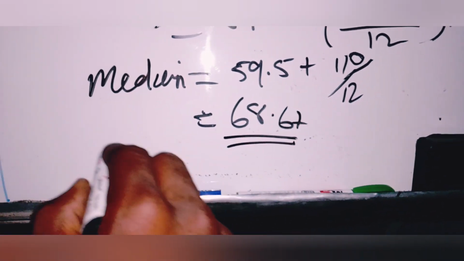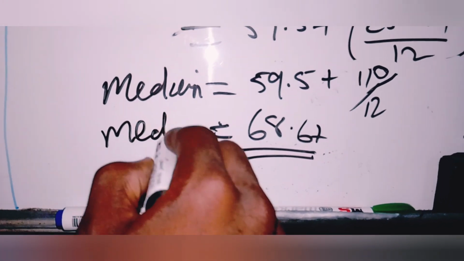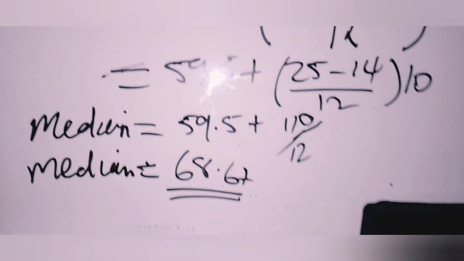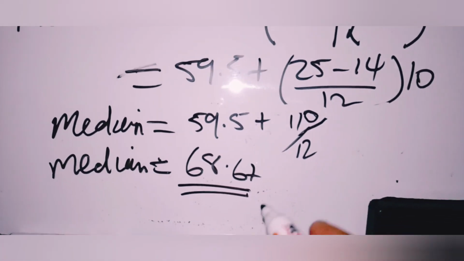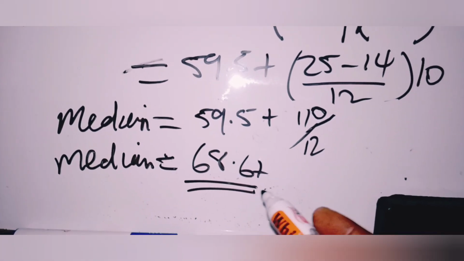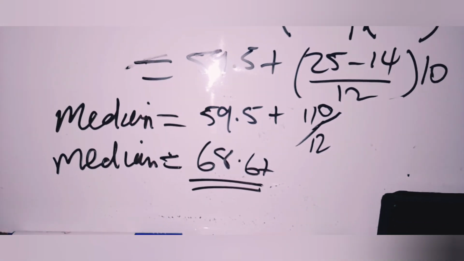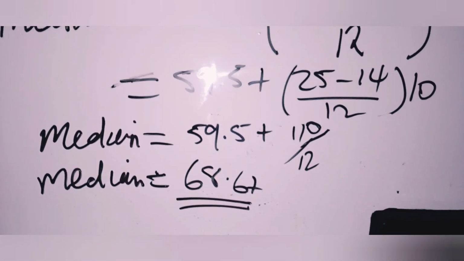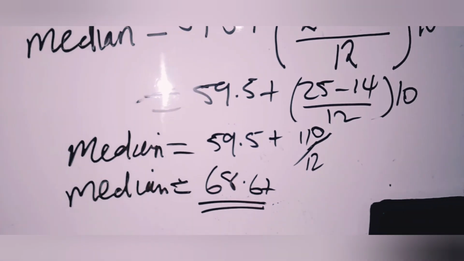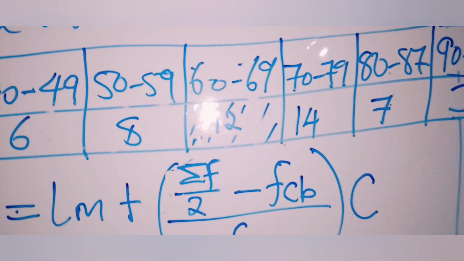When you do it correctly, you need to find your own way of doing it. So this is what we are having, 68.67 as our median.